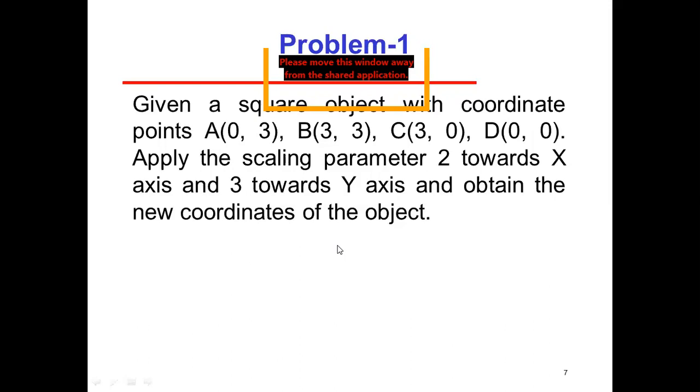We will use x dash is equal to x sx, y dash is equal to y sy, or with the nomenclature we are already using, x new is equal to x old into sx, y new is equal to y old into sy.